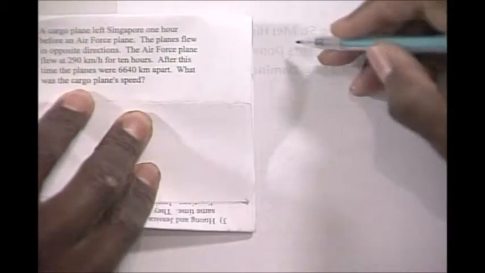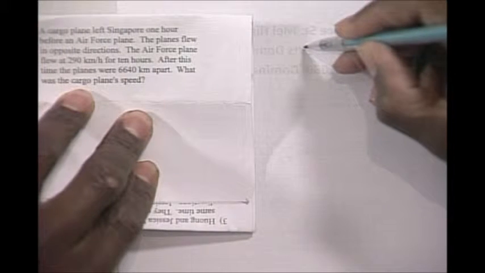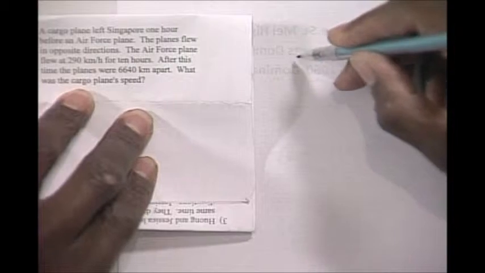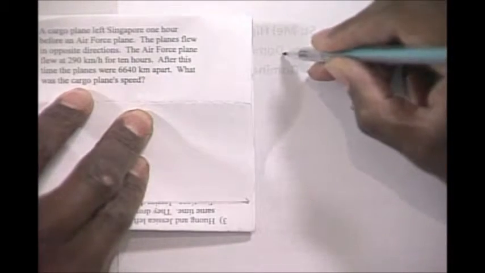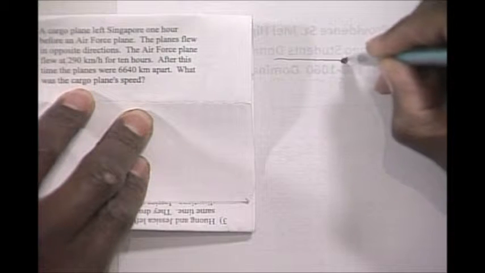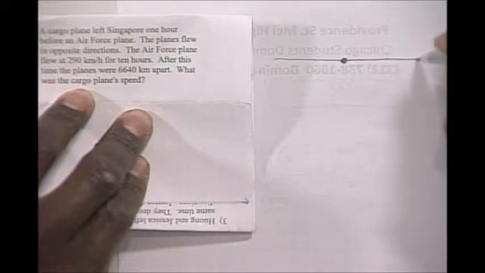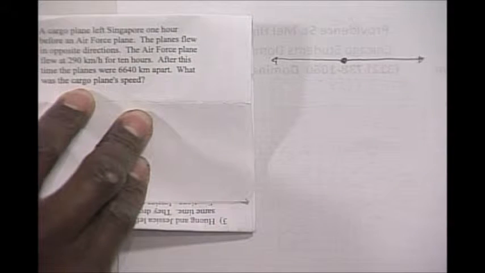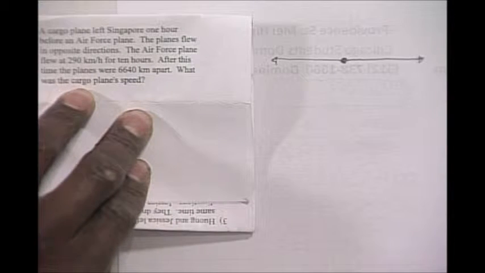This cargo plane left Singapore an hour before the Air Force plane. It says the planes flew in opposite directions. Let's draw a very good diagram. A cargo plane left Singapore.